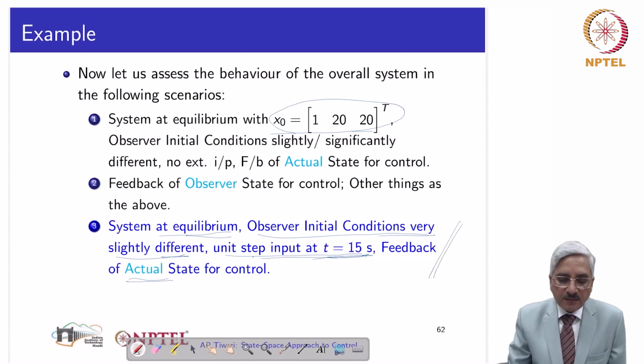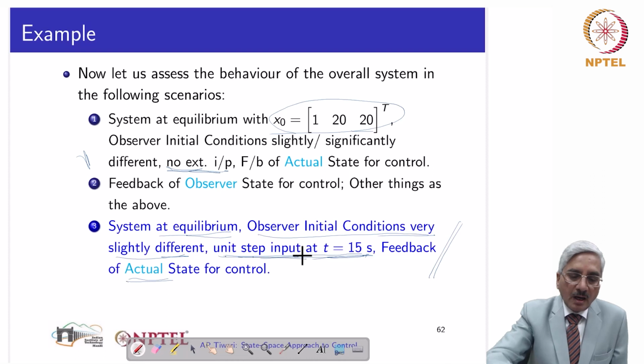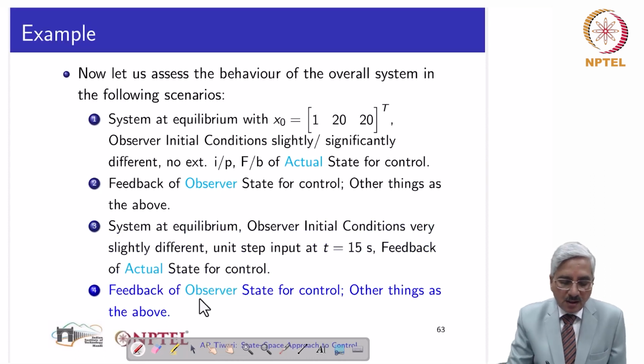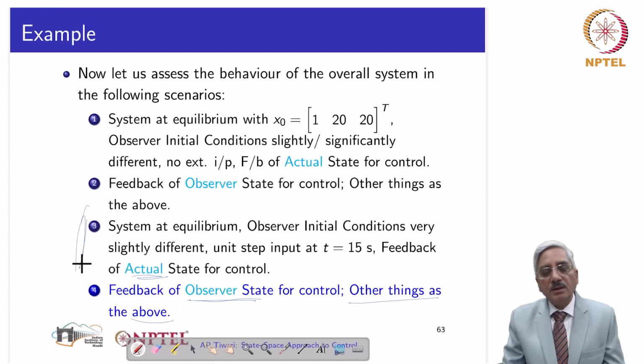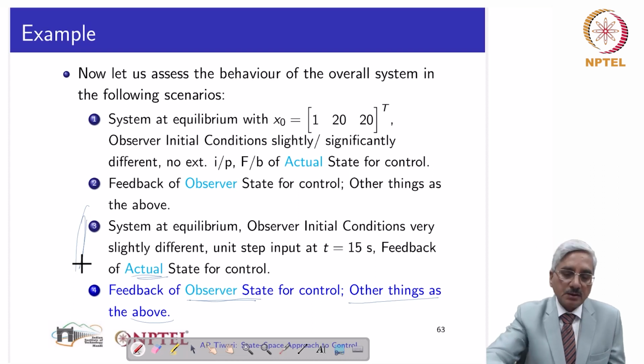So this condition differs from the previous one. Here there was no input, here there is input, a unit step input. And the fourth scenario is, observer states will be used instead of actual states. All other things will be similar to this one. So we are going to see one by one how the system behaves in all these different scenarios.